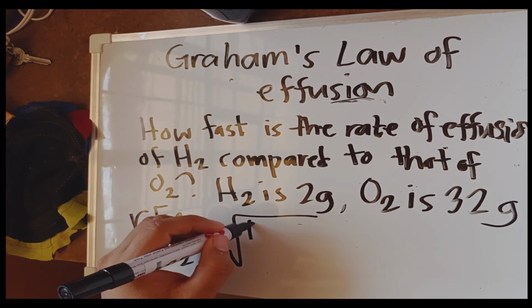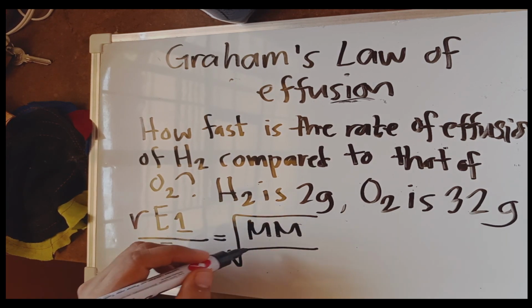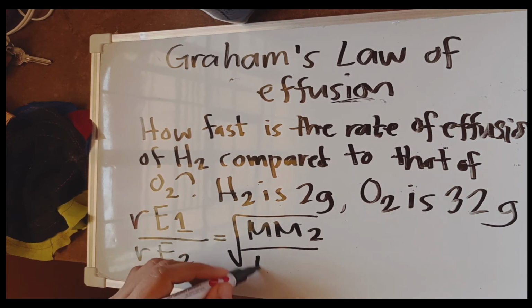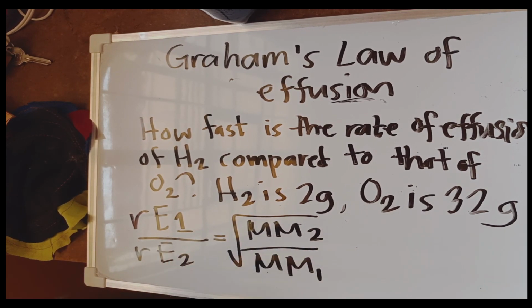Molar mass. So you can write here MM2 over MM1, since they are inversely proportional. Since you are just going to compare their rates of effusion, you can directly write the square root of the given molar mass MM2.